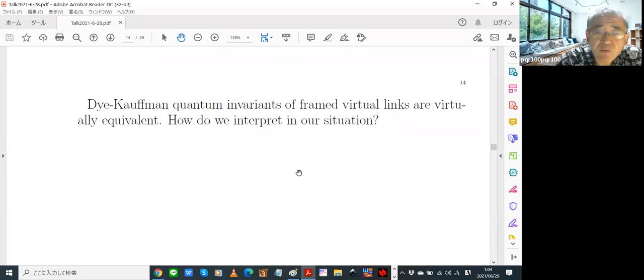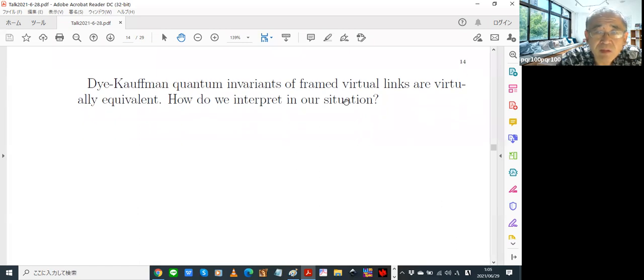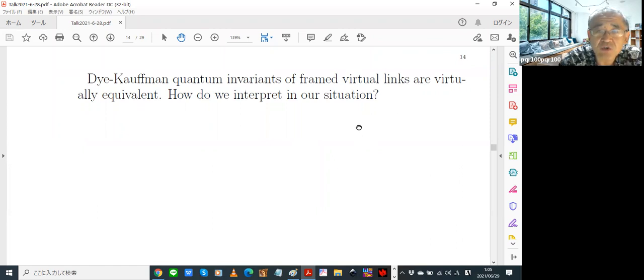What is a virtual three-manifold? Framed virtual links are based on virtual links, so there are virtual equivalences and stabilizations, of course. So what does it mean in our situation?